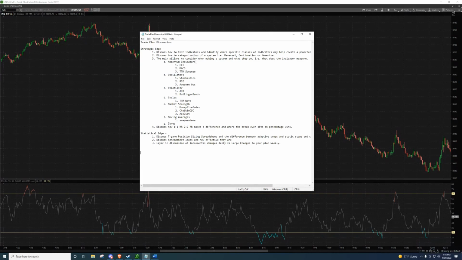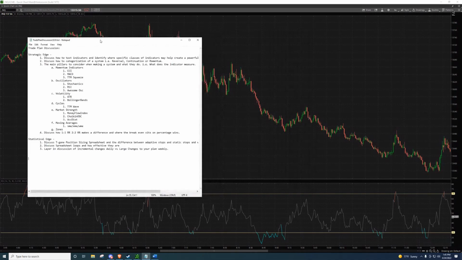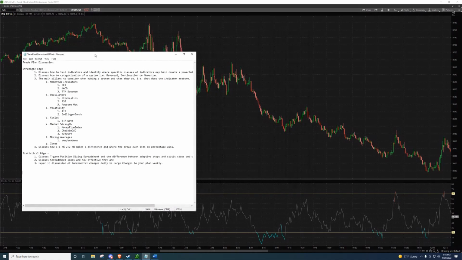Now, it doesn't matter whether you're a momentum trader or a continuation trader. When you build your strategy, you're almost always going to have some form of oscillator, some form of volatility, and some form of either moving average or momentum style indicator.